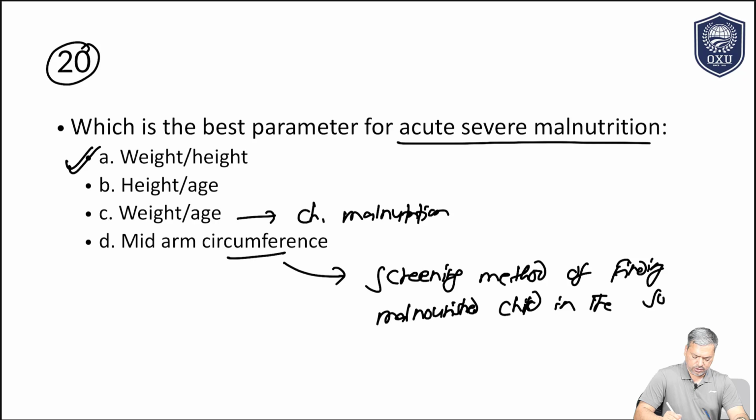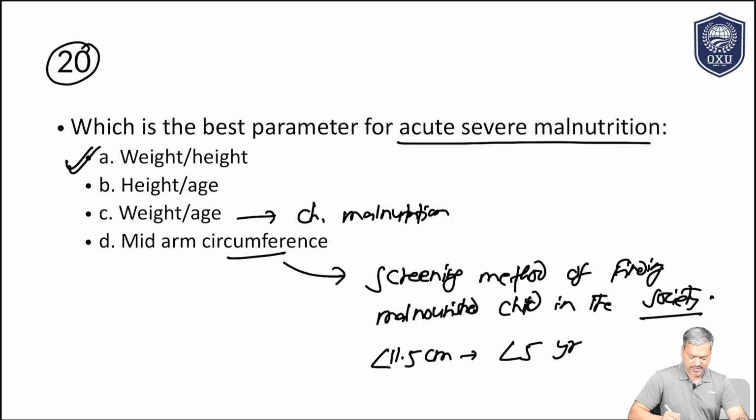This is not routinely done in the hospital, but in the society it is one of the parameters by which we can collect data on how many children are severely malnourished. If it is less than 11.5 centimeter in a child less than 5 years old, then we know this child has severe acute malnutrition.